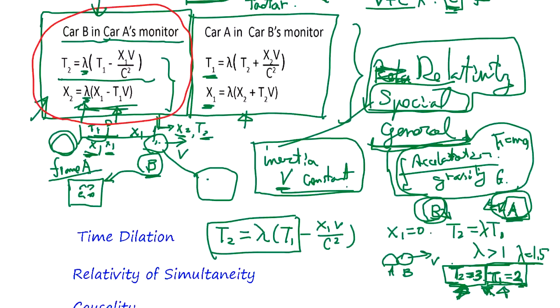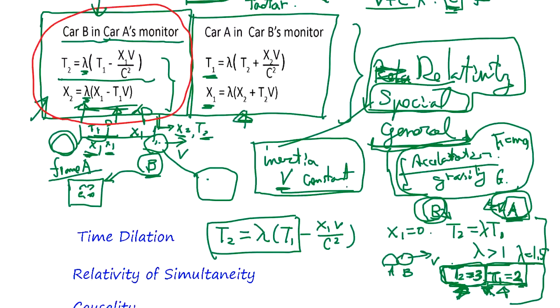So why is the event in frame B taking 3 seconds? Because the event is going slower. Okay, I know this is confusing, but you have to understand this. Okay, so it applies to this.